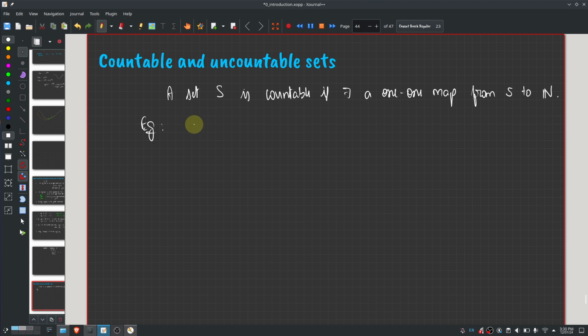So obviously, by definition, the set of natural numbers is countable.